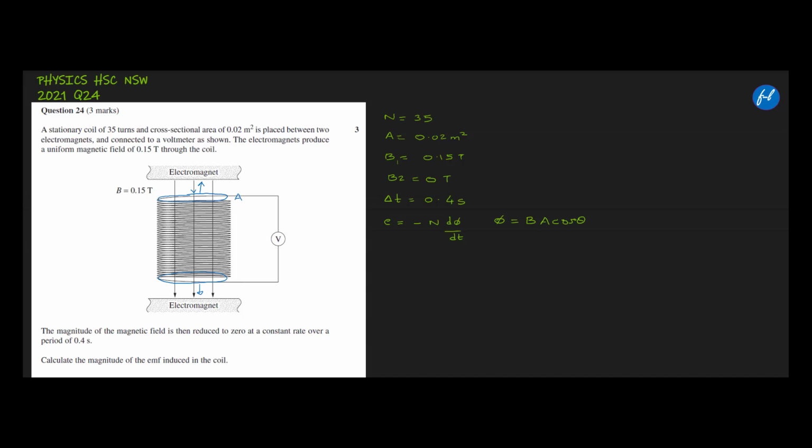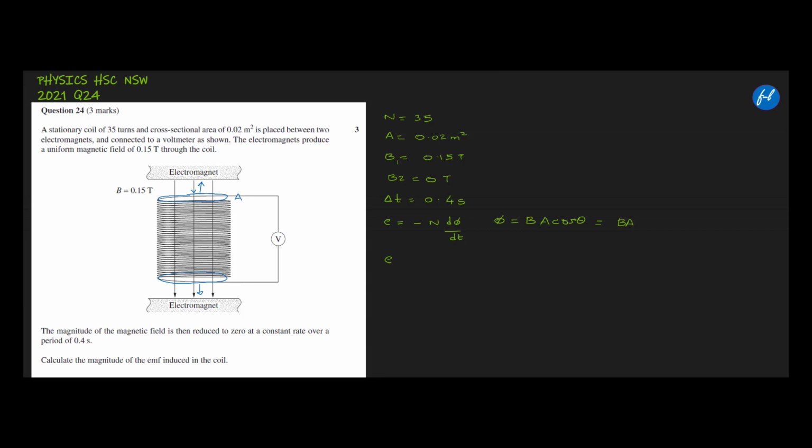So whichever be the case, cos 0 or cos 180, so cos theta is equal to 1 in our case, and therefore phi will be equal to BA.